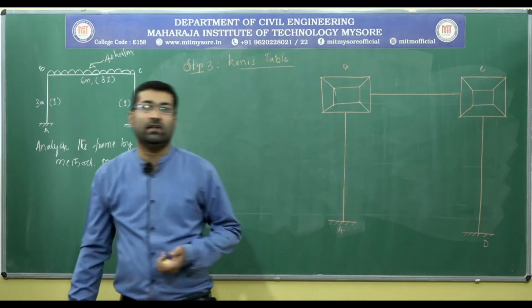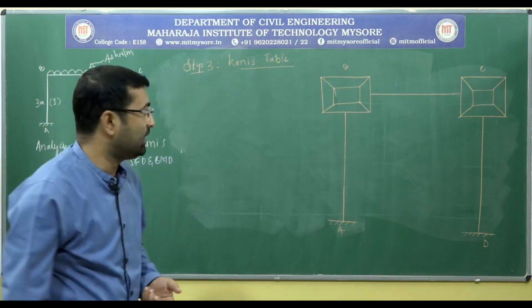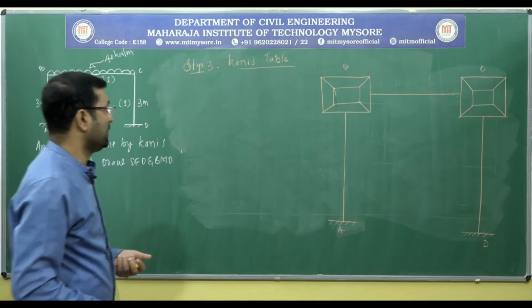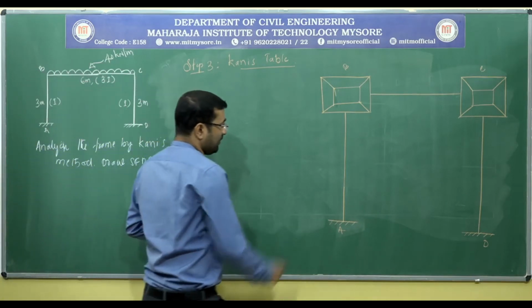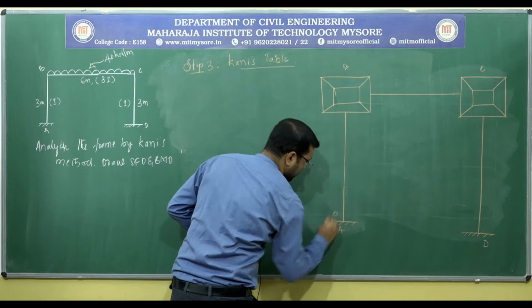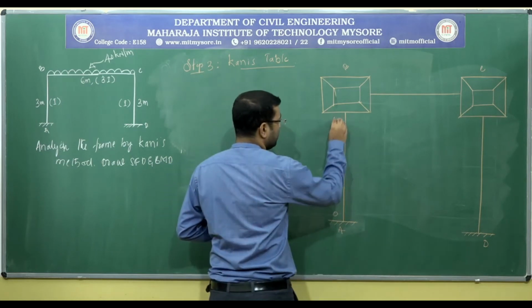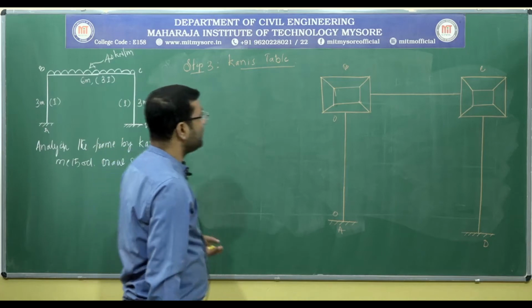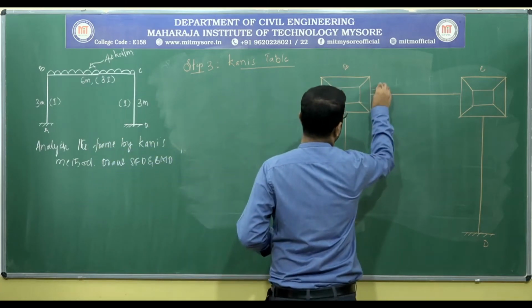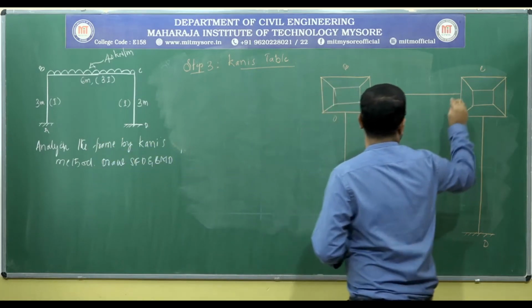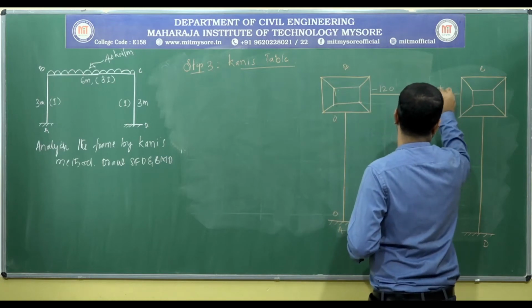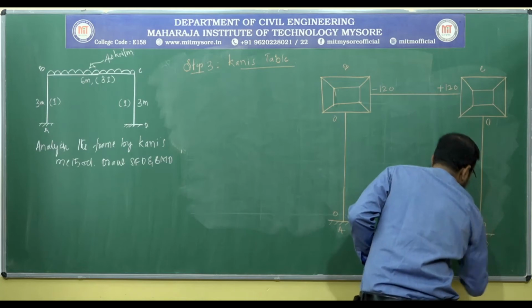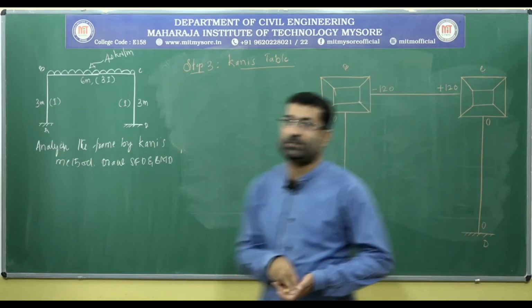Now once we prepare the Kani's table, next we need to write the fixed end moments which we have calculated. Fixed end moment for member AB, that is MF AB is 0, MF BA is also 0, MF BC as per our calculation is minus 120, MF CB is plus 120, and MF CD and MF DC are 0.